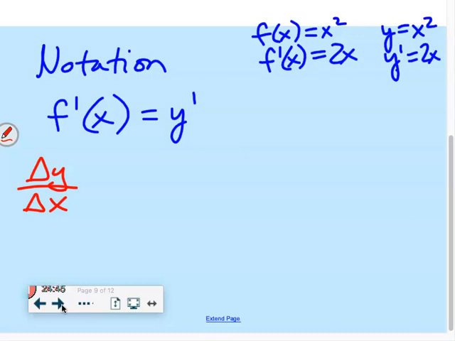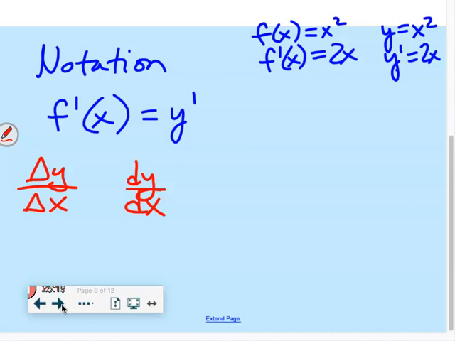So he came up with this: our derivative, let's call it dy dx, and this d is going to represent the limit as the change approaches 0. So dy dx is another word for derivative. It comes from this definition of slope, change in y over change in x, except the d is really when your change approaches 0, when there is no change.